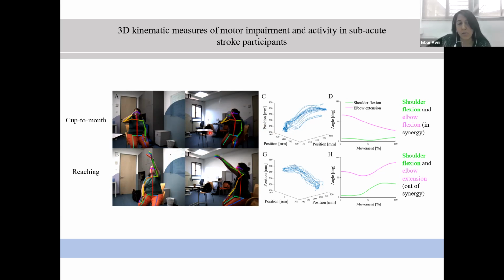And the other one is a reaching task. The subject was required to reach his hand towards a suspended target. And this required him to perform shoulder flexion and elbow extension. I hope you maybe recognize that one of these tasks required flexion and flexion, which is within the flexor synergy I've discussed, while the other task, the reaching task, required movement outside of it.